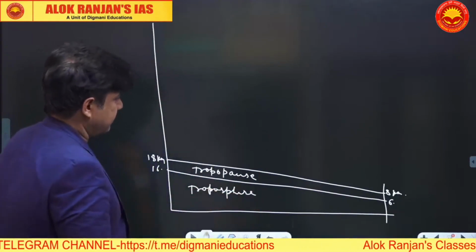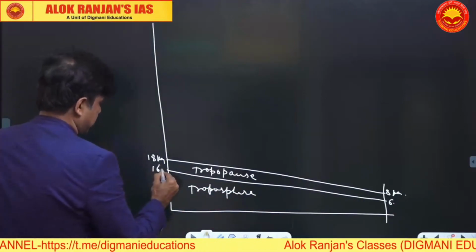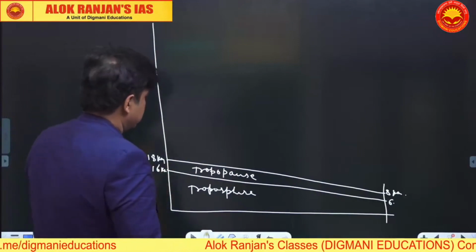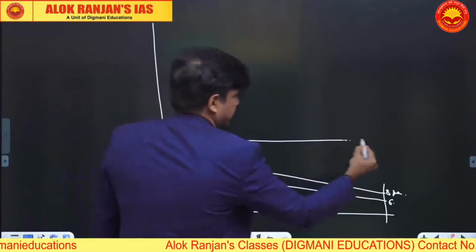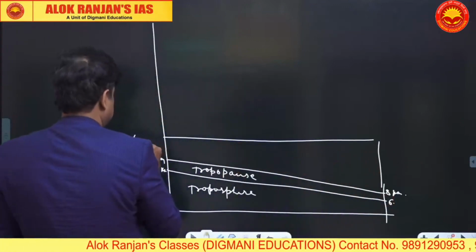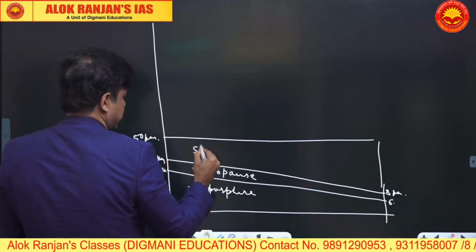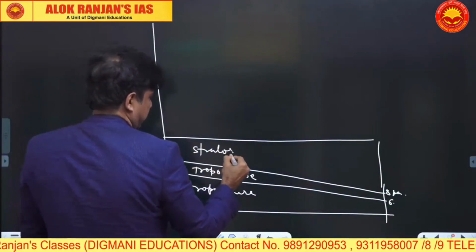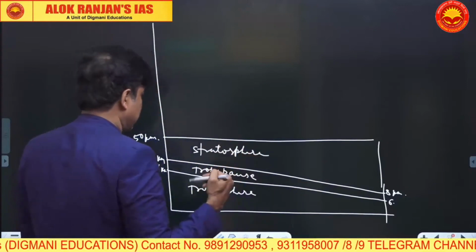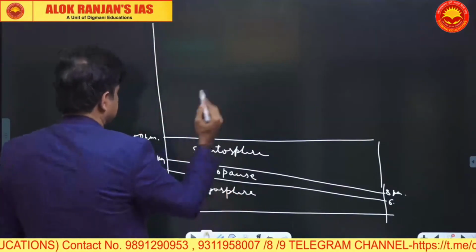Tropopause and troposphere. Then the second layer will be 50 kilometers. This is the stratosphere. Draw this diagram also. This is the stratosphere.